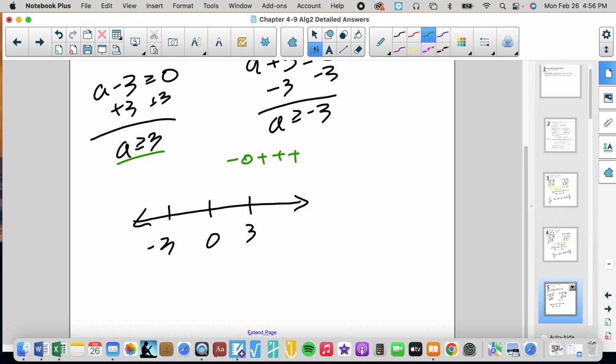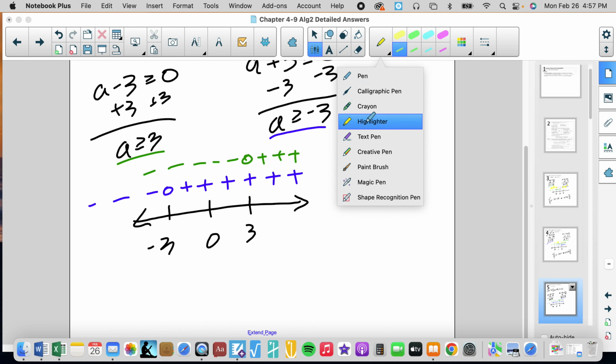This one will be 0 at 3. Negative, negative, negative, so mine has to be positive. Let's extend these out past so we can see where.